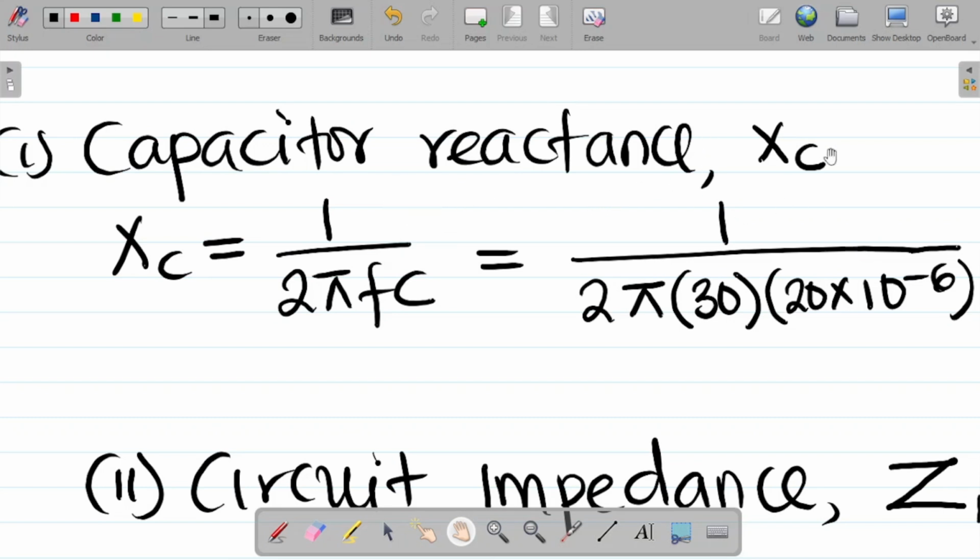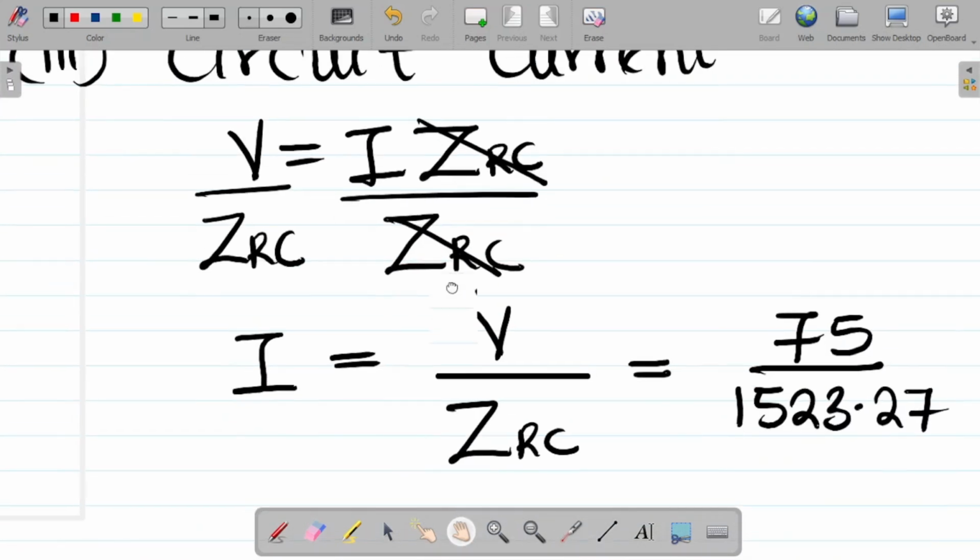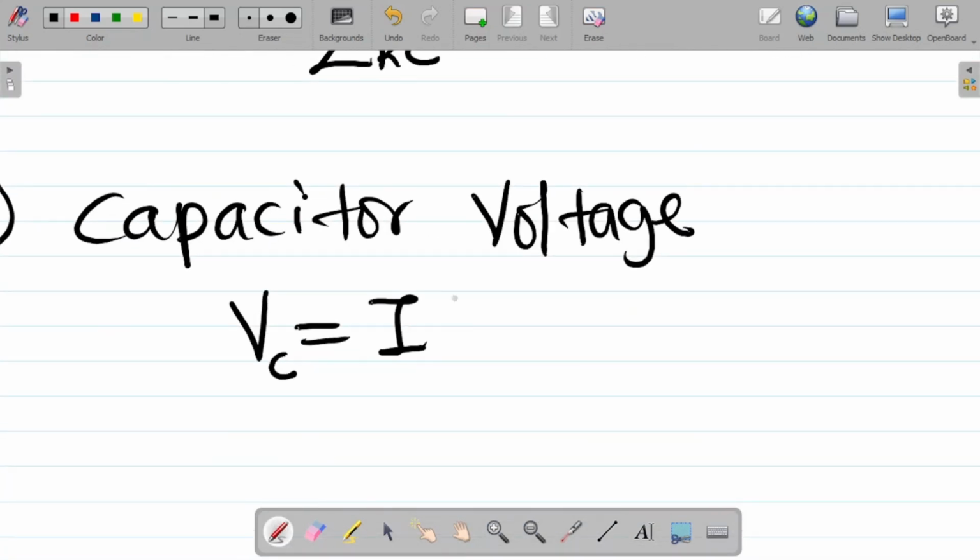In essence, this represents the resistance of the capacitor. So if V is equal to I times R, in this case we use the reactance XC since they mentioned capacitor. XC is called the reactance of the capacitor, which is like the resistance of the capacitor. So this becomes our formula.